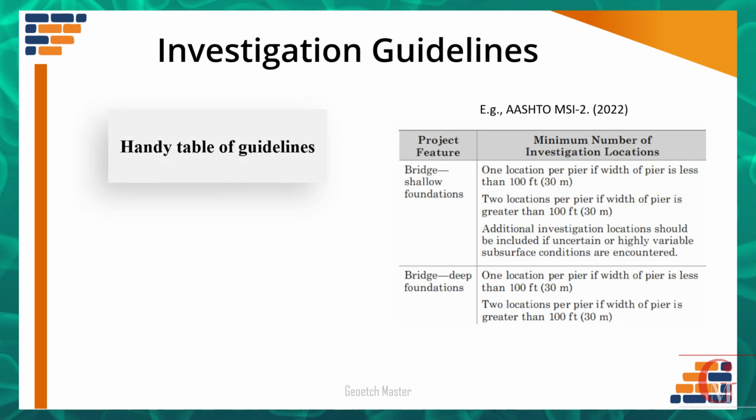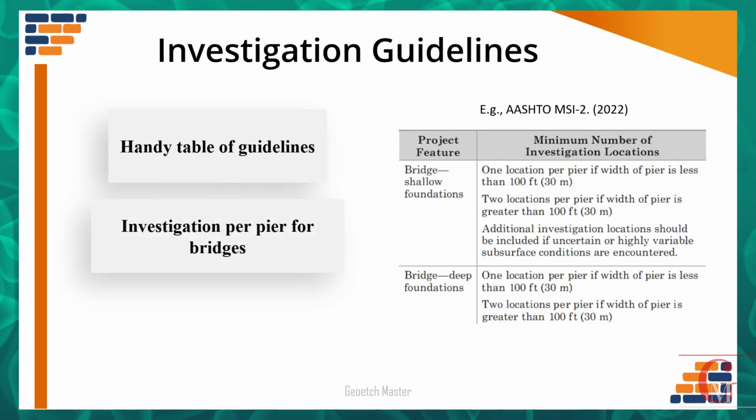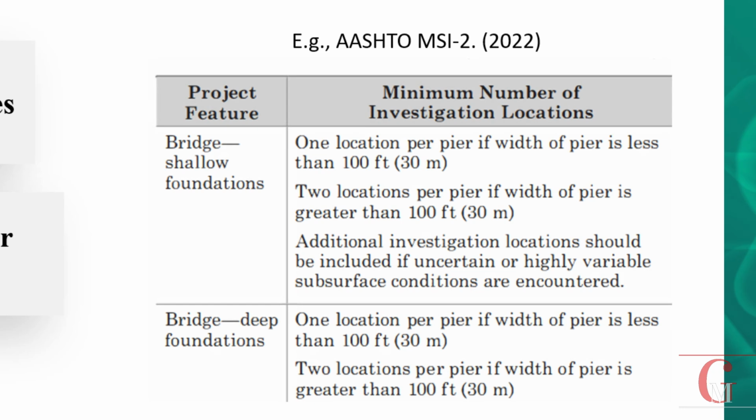Fortunately, there are several handy guideline tables for investigation. The table shows us some useful guidelines for different project features. For example, for bridges, we need at least one investigation location per pier, if the pier is less than 30 meters wide, and 2 if it is wider than 30 meters.